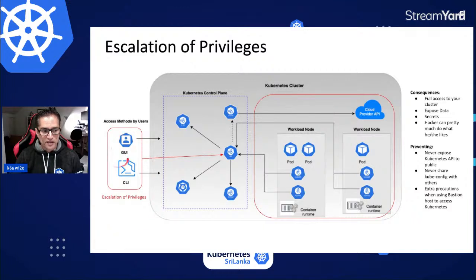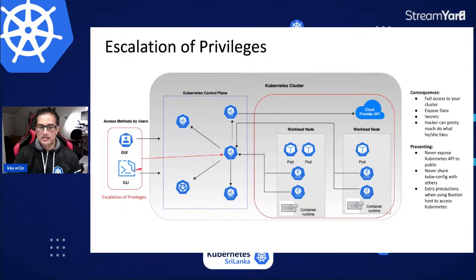Sometimes from the left, accessing either via the GUI or the CLI, especially the CLI, which is kubectl, people tend to share the same Kubernetes config. Another lazy approach is to have a single bastion host that everyone accesses, and then everyone basically gets the same access through the kube config.